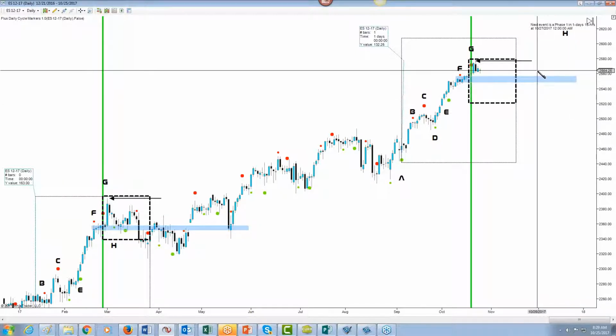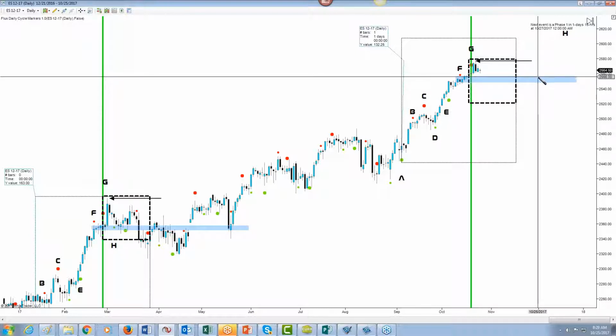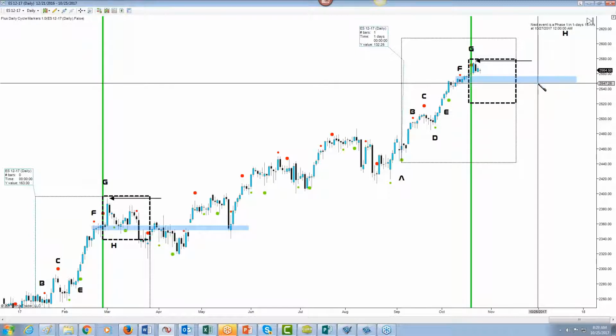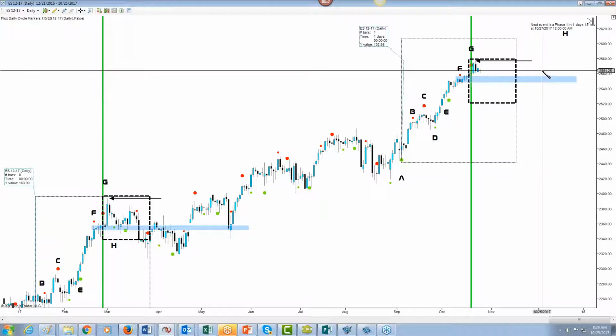So that means 564 to 556. There's at least $8 of ES potential down, and then even more to here, to the bottom of the range, which is 48.